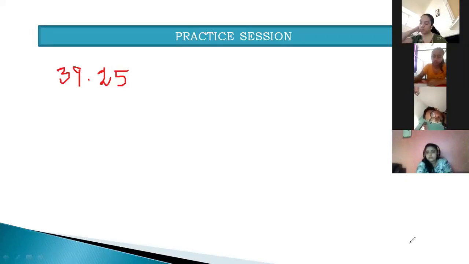On the screen, you can see the decimal number. You have to convert it into binary equivalent. Anushka, you also try to convert it beta. The number is 39.25. Try to convert it into binary equivalent.